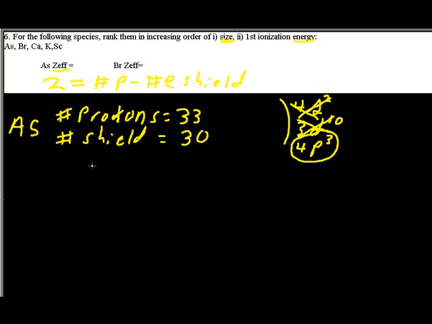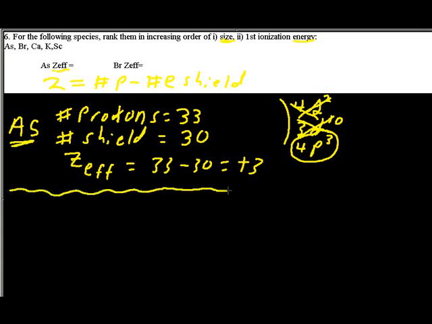So if we now want to calculate the Z or ZF number, it's going to equal 33 minus 30, which is a plus 3. So the ZF number for arsenic is a plus 3. That is how much pull there is on the electrons on the outside.